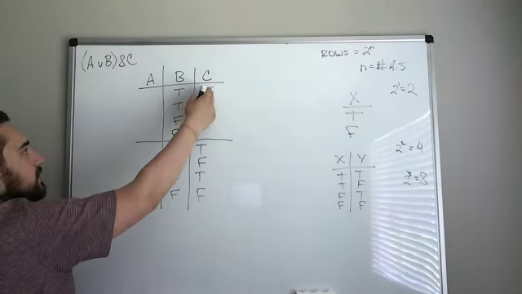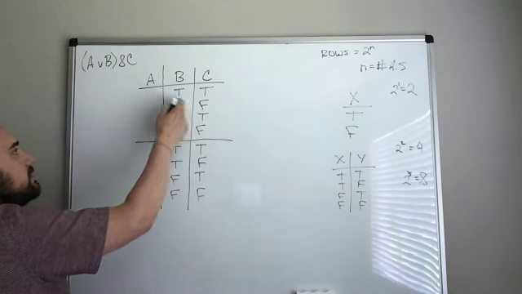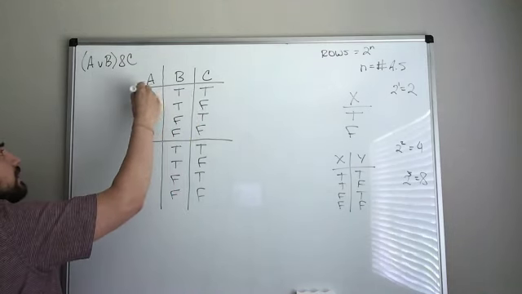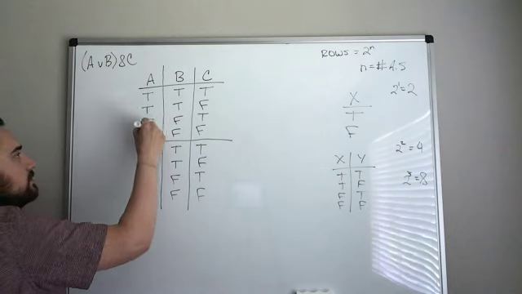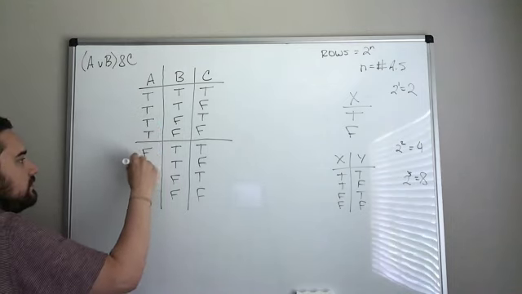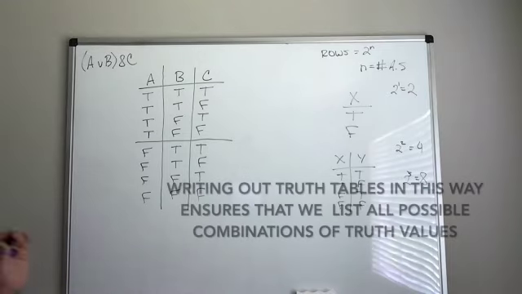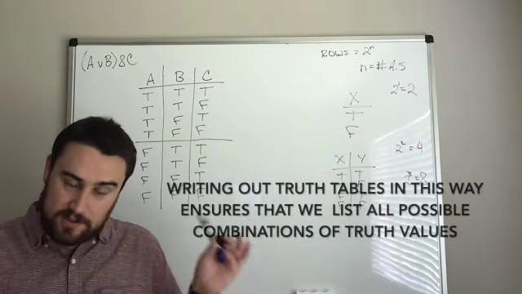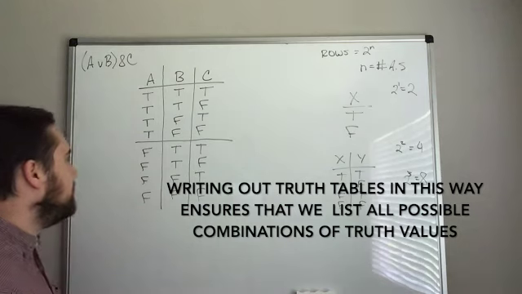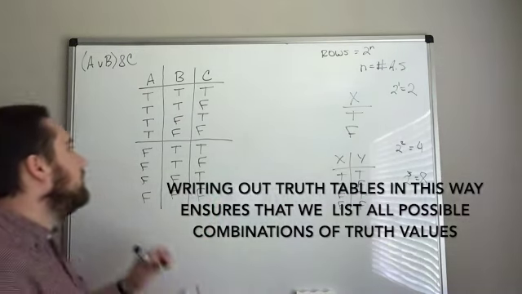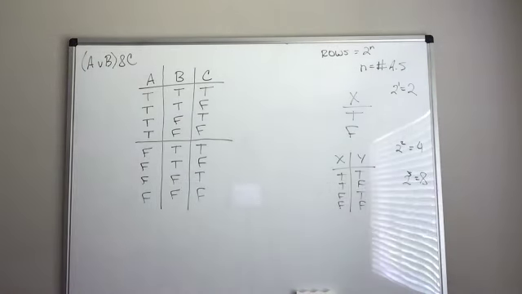So we went from alternating by 1 to alternating by 2. Now we're going to alternate by 4. True, true, true, true, false, false, false, false. That's it. I don't want to imply that, oh well, that's easy, but hopefully it's not too crazy.